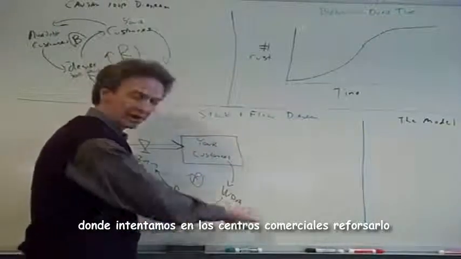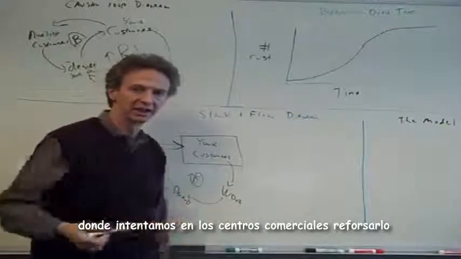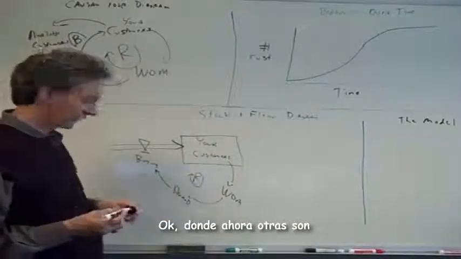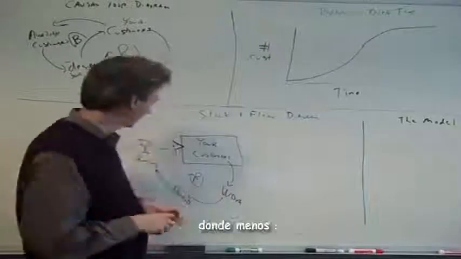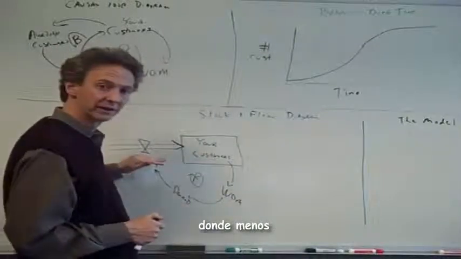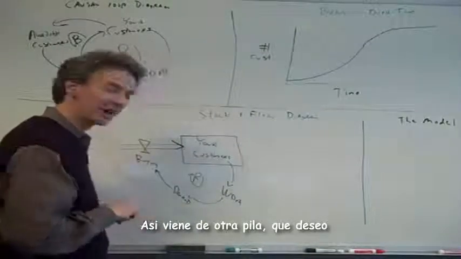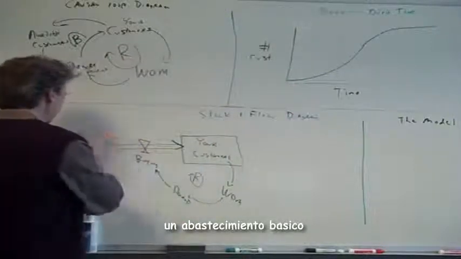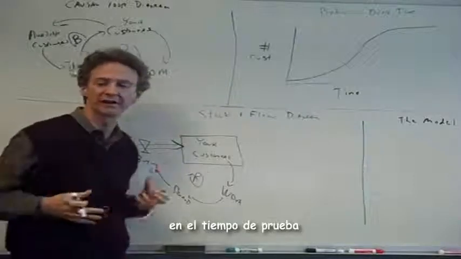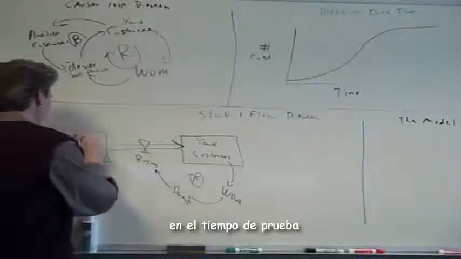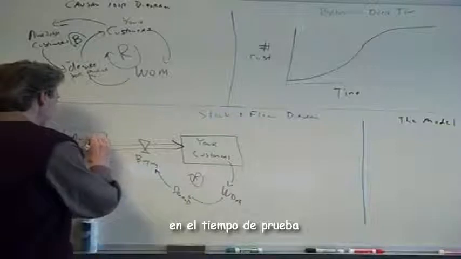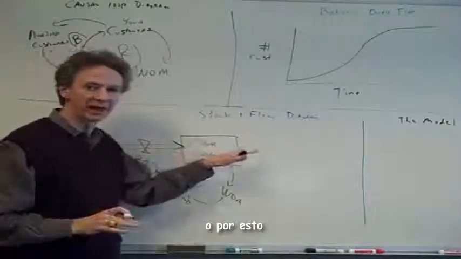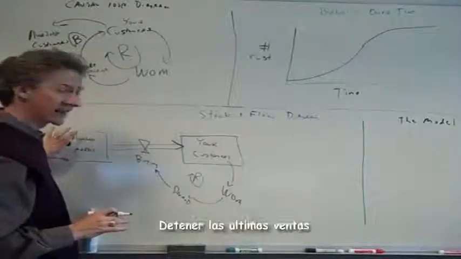So that's the reinforcing loop, basically. And we'll figure out how to measure these things when we get to Excel. Okay, now let's talk about this other loop. Where are these customers coming from? So they're coming from another stock, which we'll call available market. It's basically the stock of your non-customers. So we'll call this available market. As more people buy, this is an outflow to this stock.